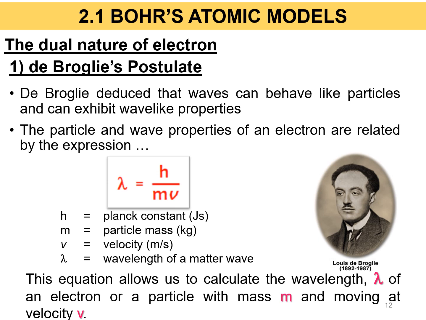Okay, disebabkan Bohr's atomic models ni tak dapat explain the dual nature of electron, sebabkan electron kan dia ada wave-like punya properties. Kalau let's say dia ada wave-like punya properties, that means electron ni kita boleh tahu kedudukan dan juga speed of the electron.